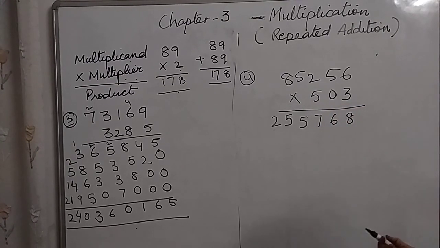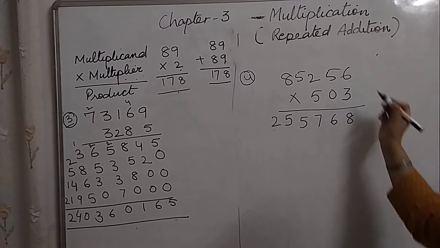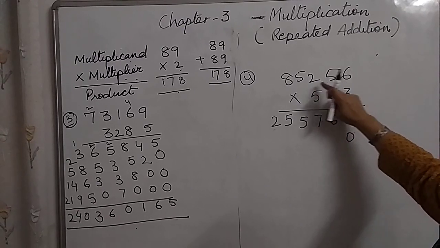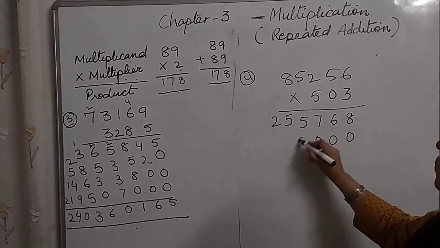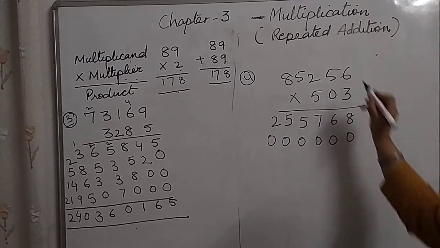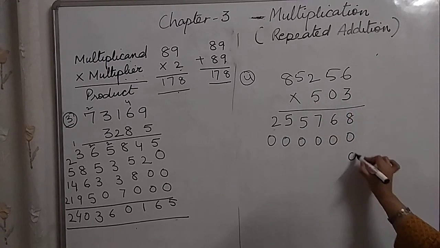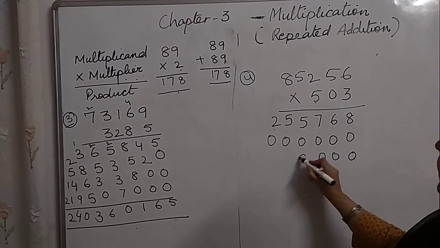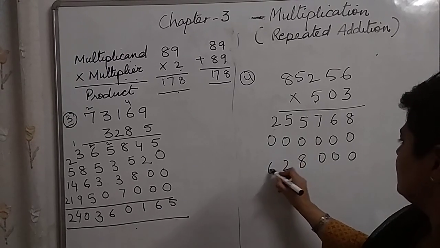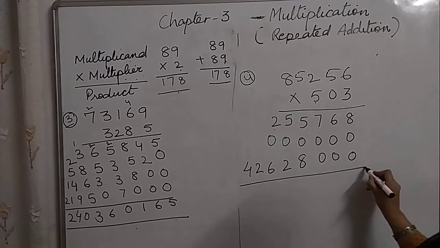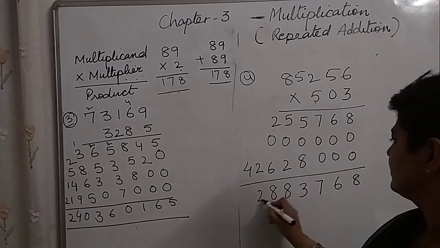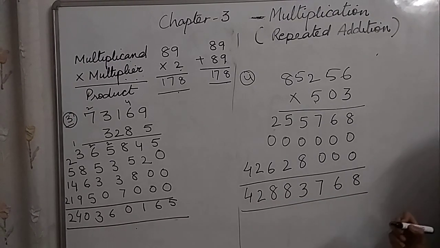But it is very easy to multiply with 0, so why skip it? 0 is at tens place, 1 0 for that. Count the number of digits: 1, 2, 3, 4, 5. 5 sixes are 30 and 5 is at hundreds place. First of all, 2 zeros for that. 5 sixes are 30, 0 3, 8 2, 2 1, 6 2, 42. So the answer is 42883768.